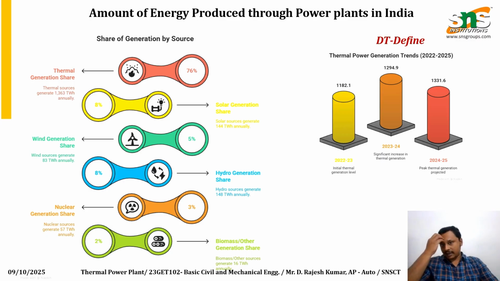If we see the amount of power generation, it is increasing year by year, which means the demand is increasing, so the power generation by the thermal power plants is also increased.